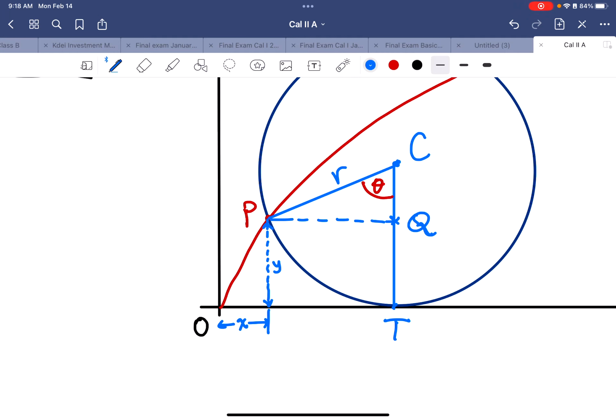So the whole arc of the circle, PT, starts from here. This PT is touching the ground OT, right? So that's the first assumption. This arc will be the same as the distance of OT. That's the first assumption.